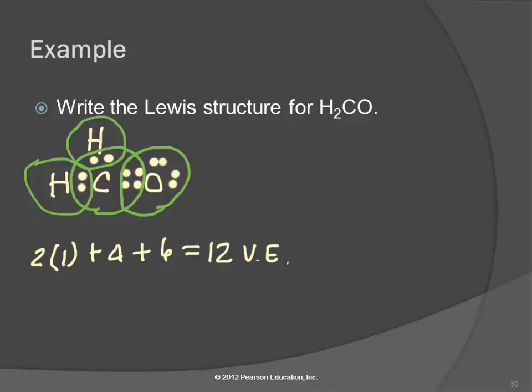Looks a little bit like a Venn diagram, doesn't it? So that's one way to show the Lewis structure. Another way is to use lines for those bonds. Now I put my lone pairs of electrons in different places, but that's okay.